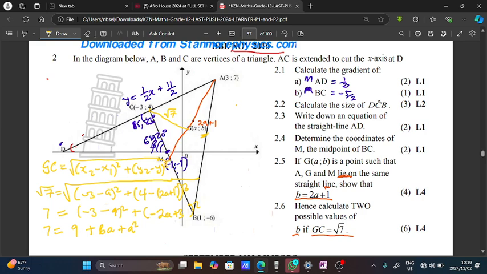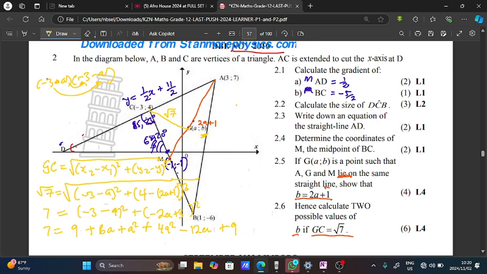Negative 3 negative a into negative 3 negative a. This multiplied by this is positive 3, and this multiplied by this is positive 3. So now this side will have plus 4a squared. Then when we multiply this one, we'll have minus 12a plus 9. Now we remove the brackets.